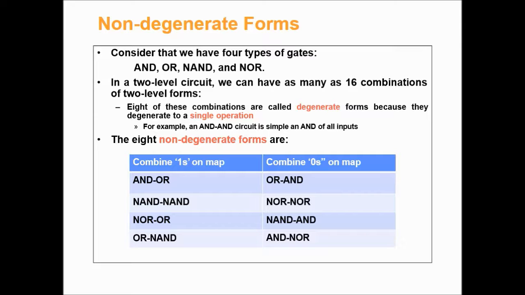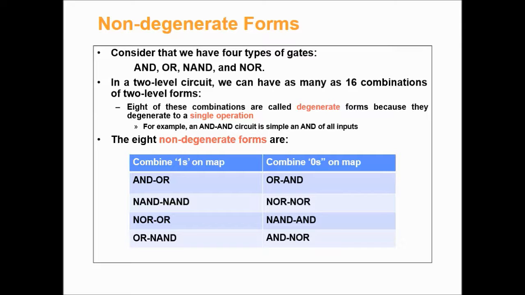AND-OR, NAND-NAND, NOR-OR, OR-NAND, OR-AND, NOR-NOR, NAND-AND, AND-NOR. The first gate listed in each form is considered the first level in the implementation. The second gate listed is the single gate placed in the second level. Note that any two forms listed on the same line are duals of each other.